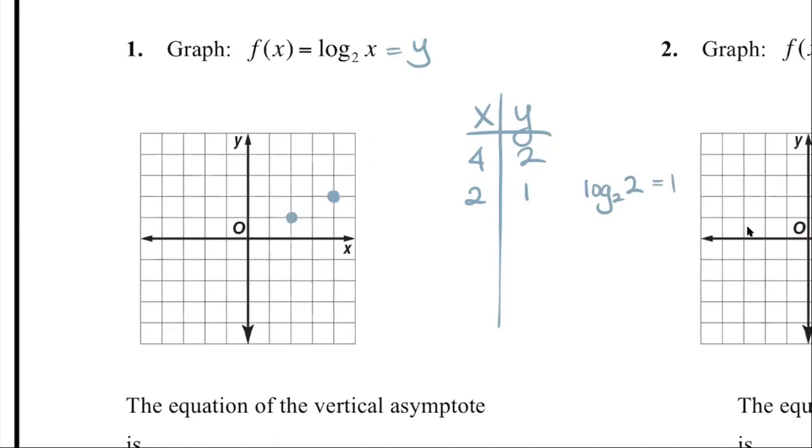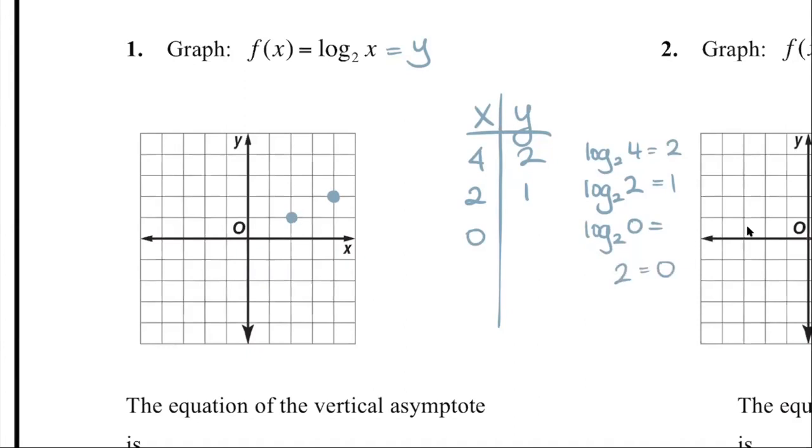Okay, nice. Mateo, let's do another one. Pick another nice point. 0. Okay, so if I put 0, log base 2 of 0 will be equal to what? Does 2 to the first power equal 0? Not quite, right?